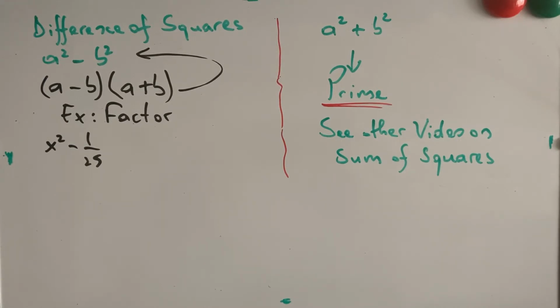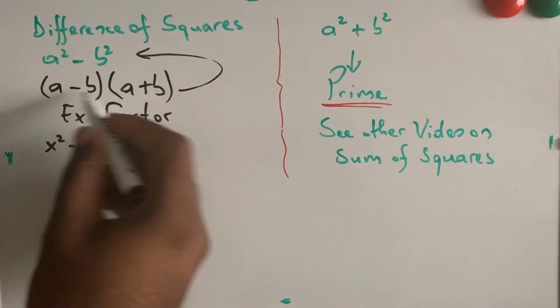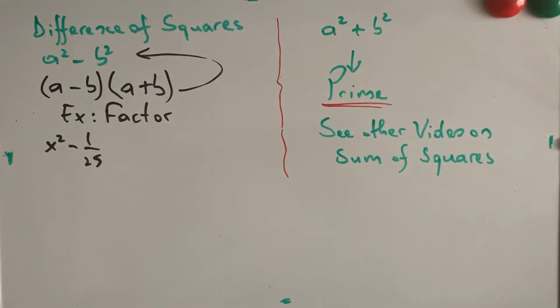Before you use these two factors there, okay? So it turns out that x squared is a perfect square, and 1 over 25 is actually a perfect square because it can be written as 1 over 5 times 1 over 5, which would be 1 over 25, okay? Same thing for x squared, can be written as x times x, which would give you x squared, okay?